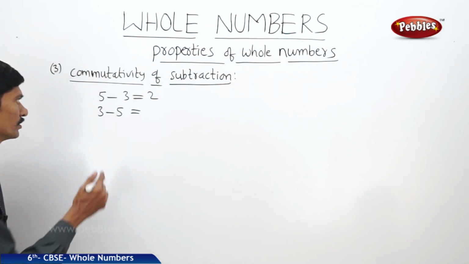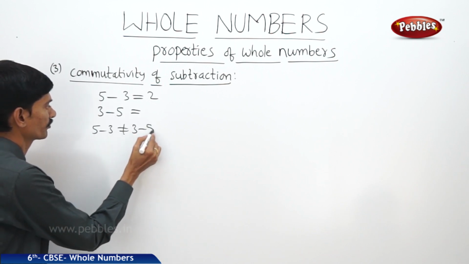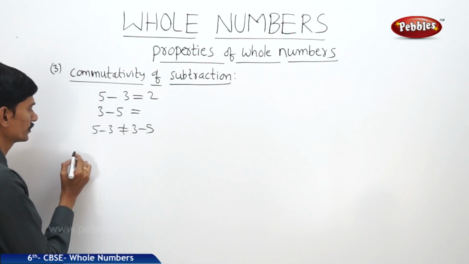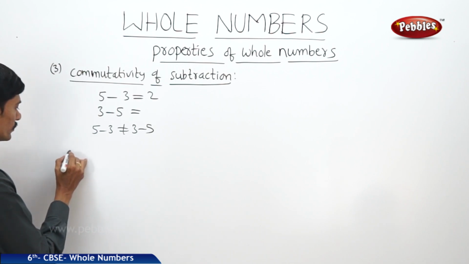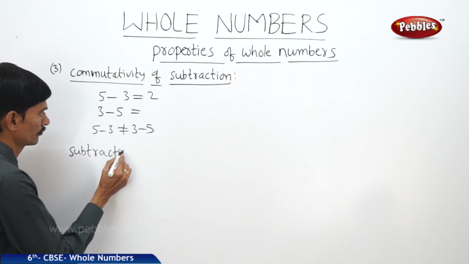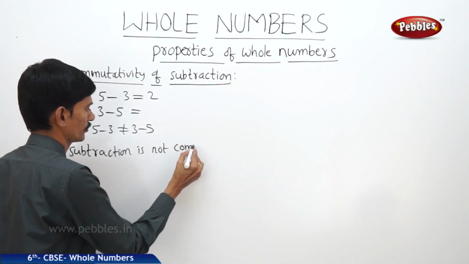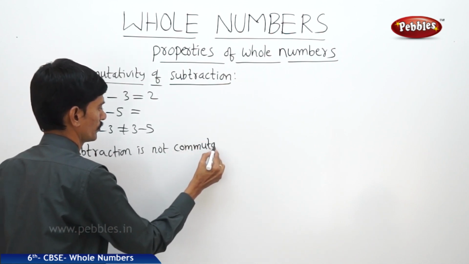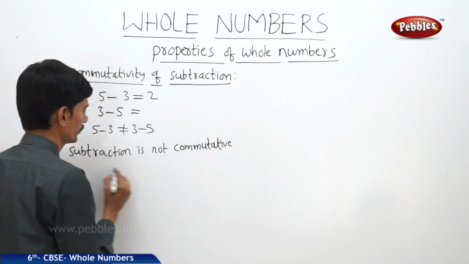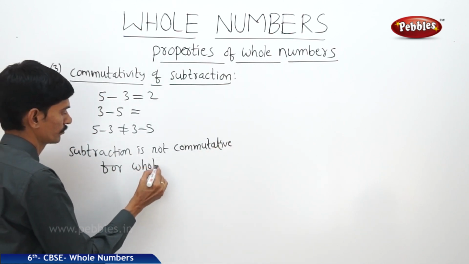So here 5 minus 3 is not equal to 3 minus 5. So we can say that subtraction is not commutative for whole numbers.